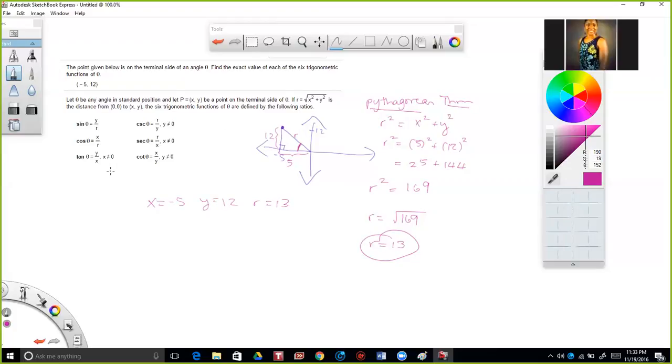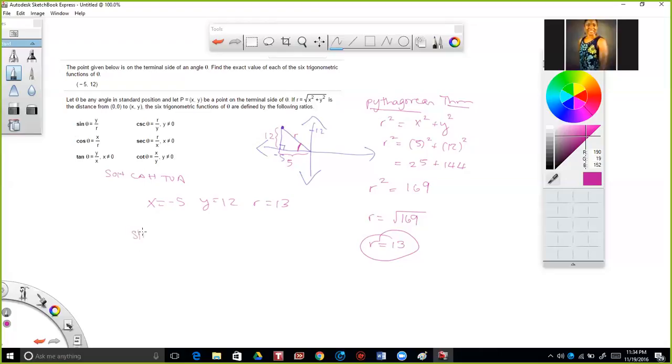Again, we're still dealing with the SOHCAHTOA phrase. Opposite over hypotenuse, adjacent over hypotenuse, opposite over adjacent. And then on the right side, you have the inverses of the 3 main ones. Okay, so now I think you're able to find out what sine of theta is.